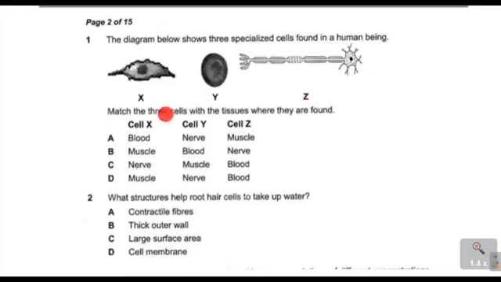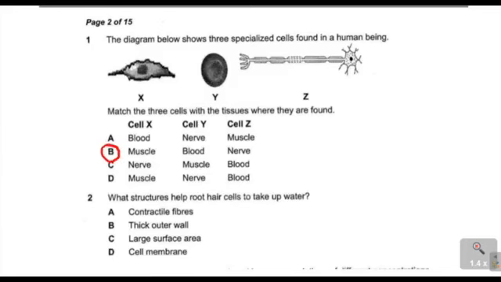So for our correct answer here, we need to look where we have muscle, blood, and nerve. A is blood, nerve, muscle. Cell Y is not found in the nerve because it's a blood cell. B is muscle, blood, nerve. So our correct answer is B.